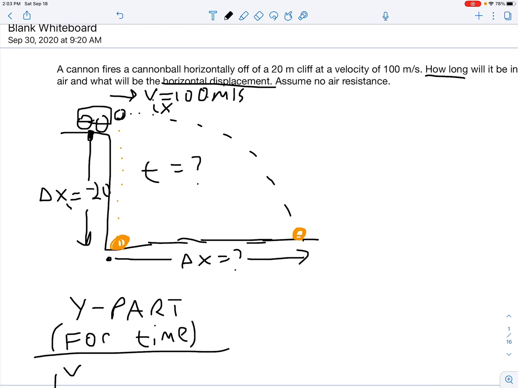This is in the y direction, the height of the cliff, so I'm going to put a y there. And my delta x at the bottom, I'm going to put in the x direction. The time doesn't matter because the time is the same in the x and the y. Whatever time we get in the x direction is the same as the time in the y direction. They're going to hit the ground at the same time.